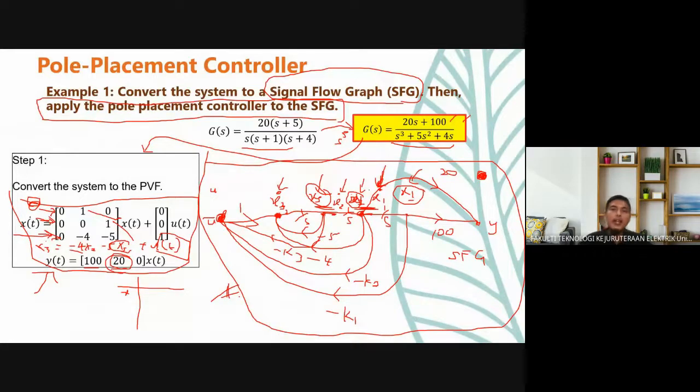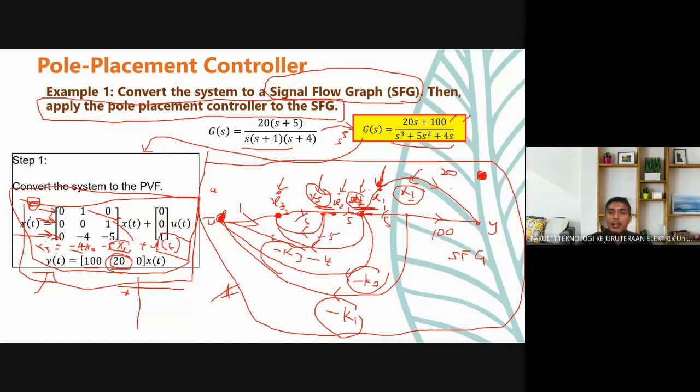So you understand that in order to draw the signal flow graph, you need to draw the original system, and after that you need to apply the pole placement. In this case, you already know the rest of the values except negative K1, negative K2, and negative K3.